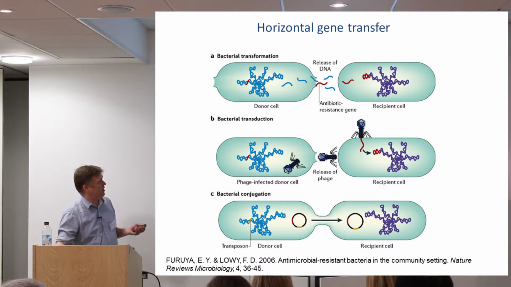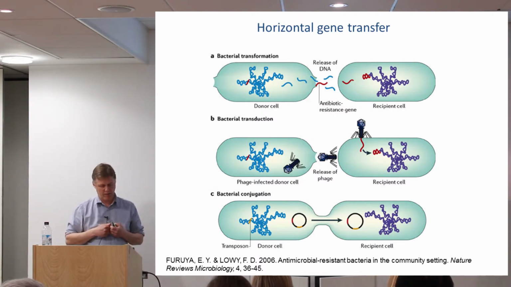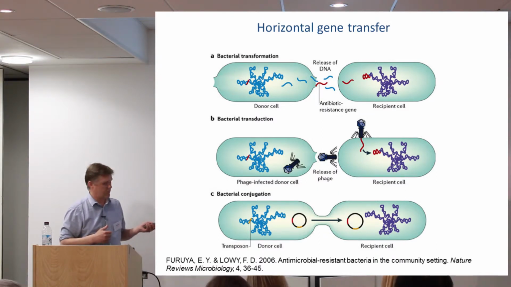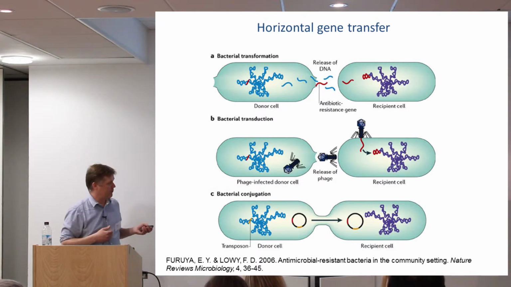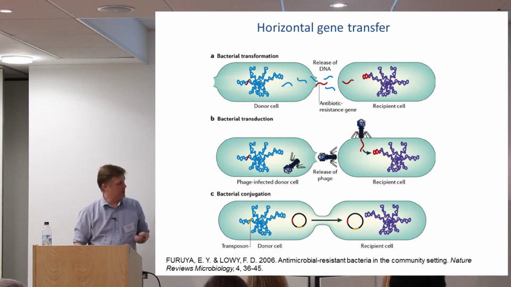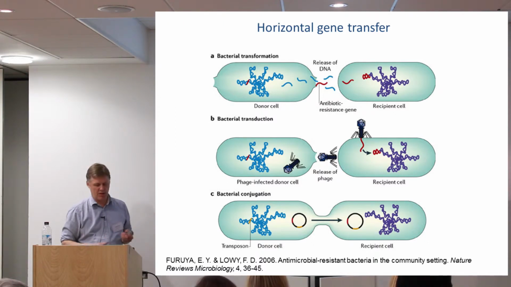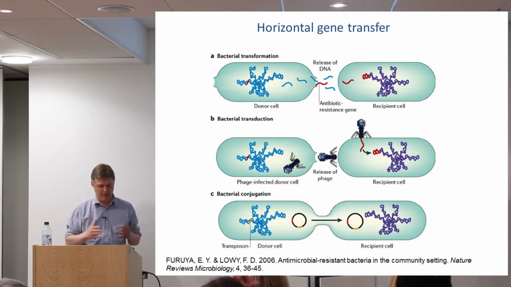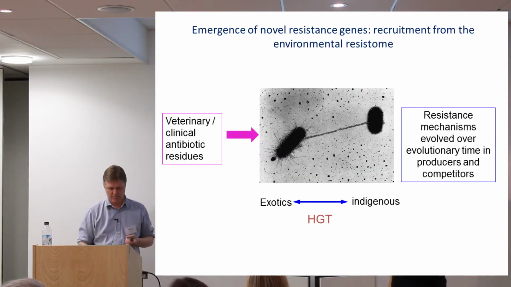There's phage transduction, where viruses can move DNA between bacteria, and then this pseudo-sex with conjugation, where you actually get transfer of genetic material between bacteria. We're just really beginning to realise the scale on which this occurs, and the range of bacteria, or the evolutionary distance between bacteria, that can actually exchange.